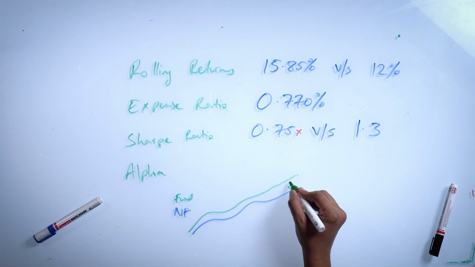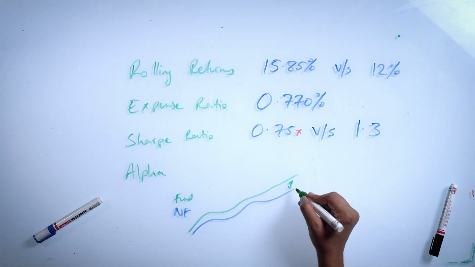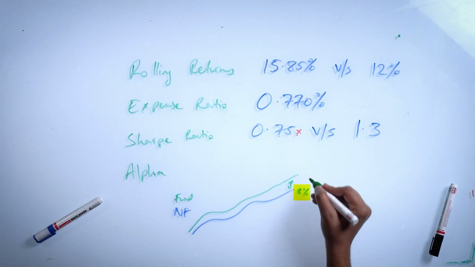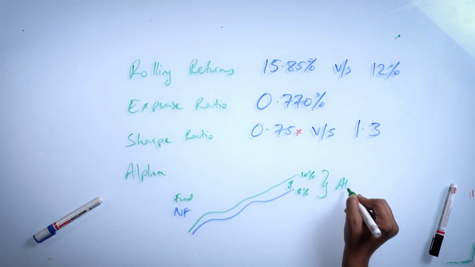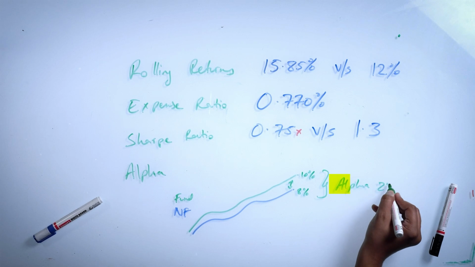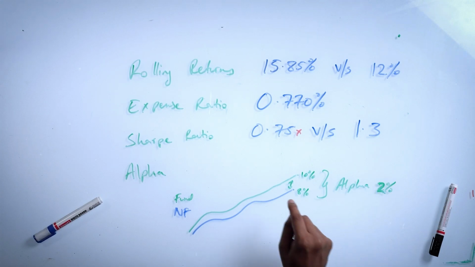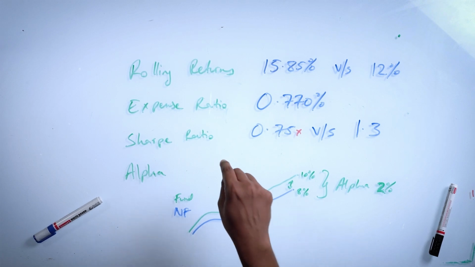So the difference between the return of Nifty and the return of the fund is called the alpha. So if this is 8% and this is 10%, the alpha over here is 2%. And you basically say, to earn this extra 2% over the index is why I've selected a fund, and the fund is actively managing my portfolio.